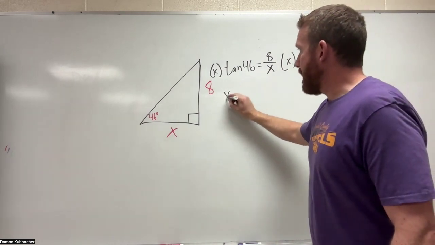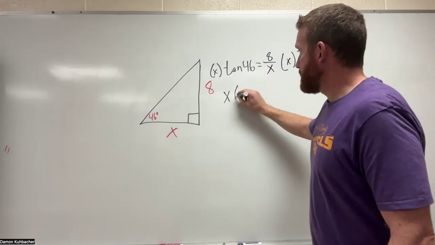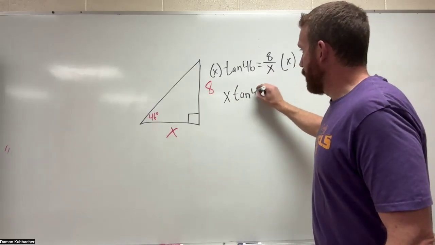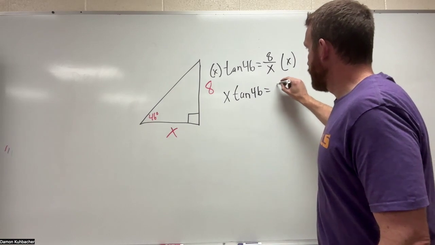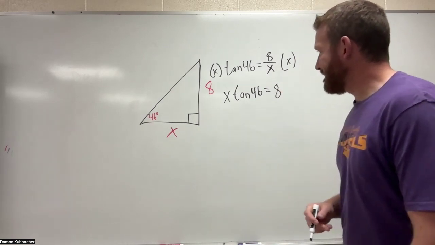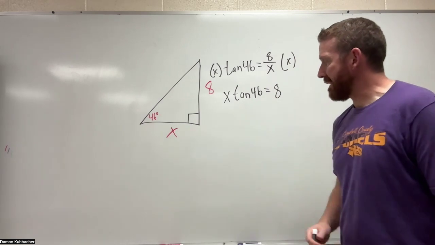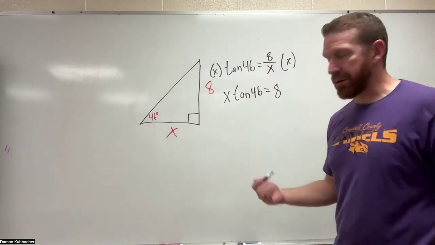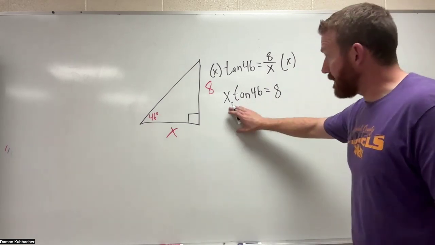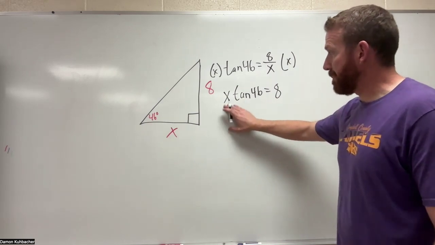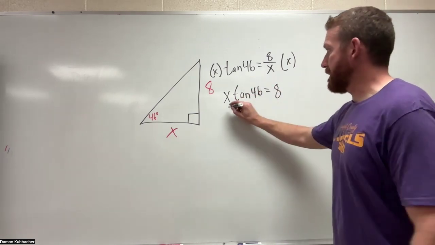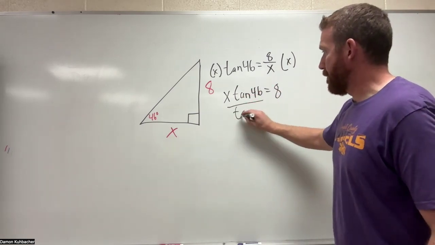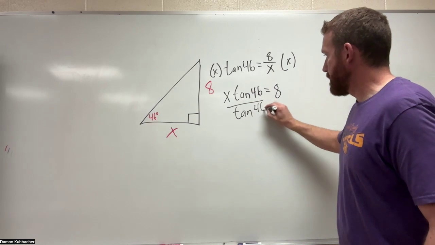So now we have x times the tangent of 46 equals 8. Well, okay, that doesn't really help us yet. We've got to get x all by itself so we can solve for it. If it's telling us to multiply x by the tangent of 46, now we're going to divide each side by the tangent of 46. Okay, that makes sense?